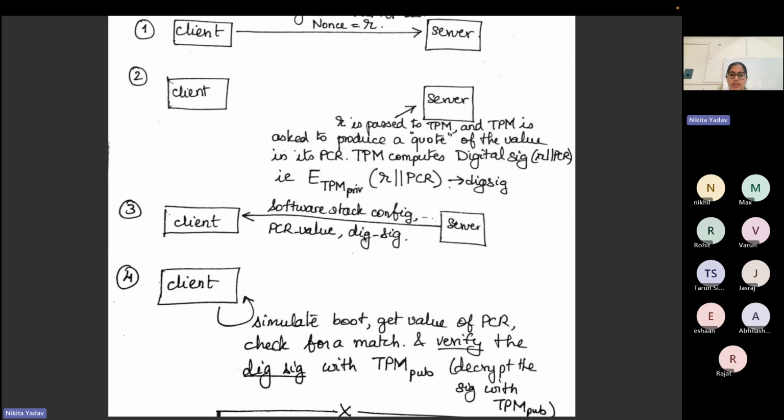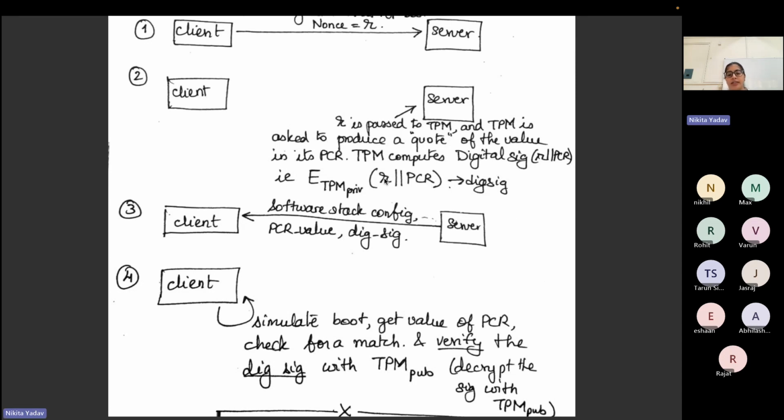To verify the digital signature, which is ciphertext generated with the private key of the TPM, the client takes the public key of the TPM, which is available to anyone because it is public, and decrypts the digital signature with it. When it decrypts, it gets the value r concatenated with PCR.